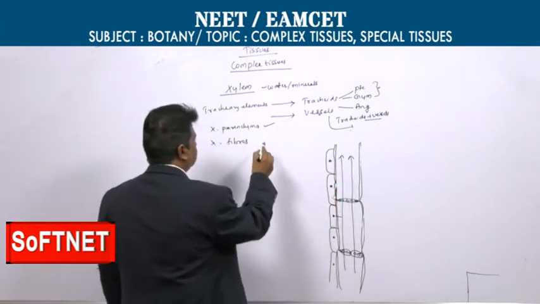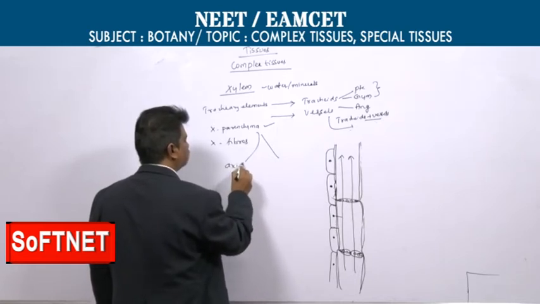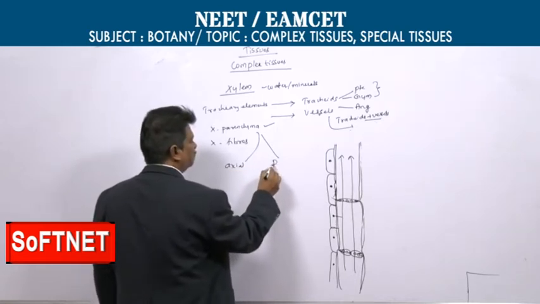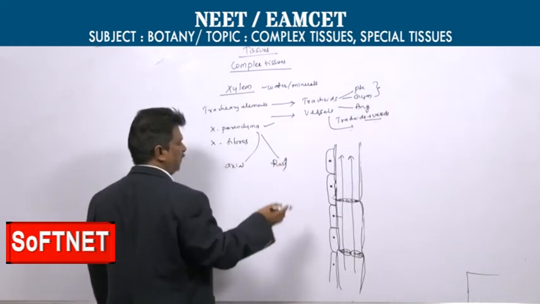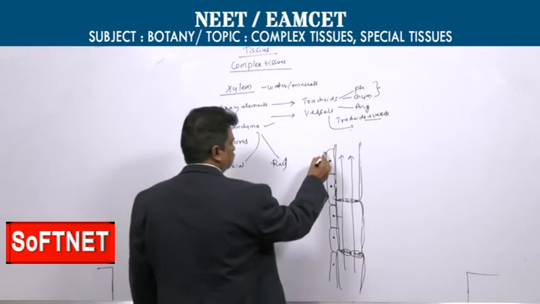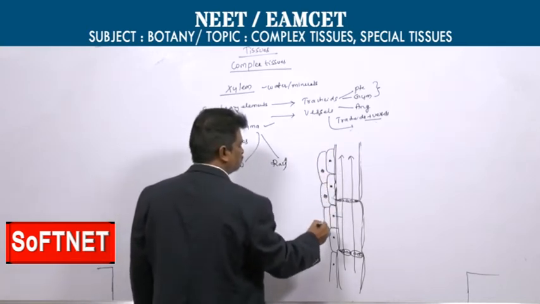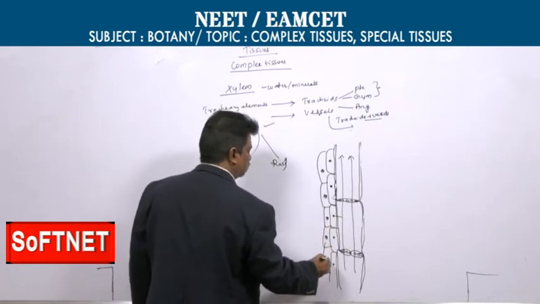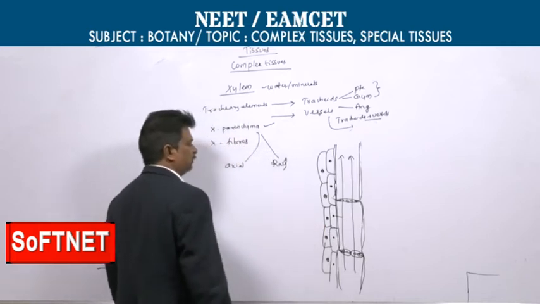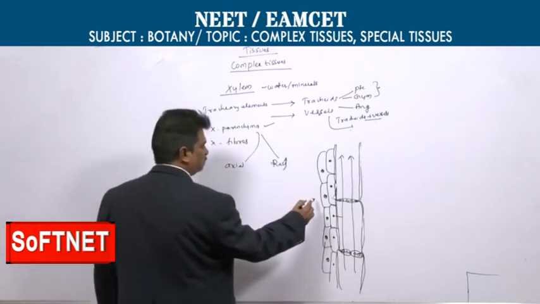There are two types of xylem parenchyma: one is axial parenchyma and the second one is ray parenchyma. Axial parenchyma is arranged in vertical rows along with vessels, and generally primary xylem contains axial parenchyma.